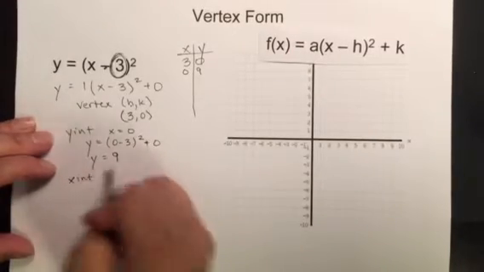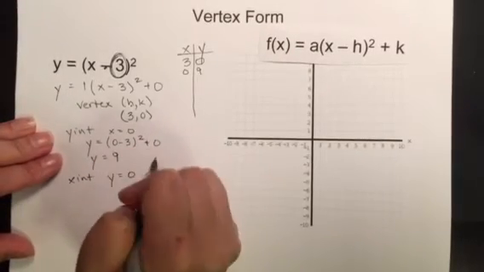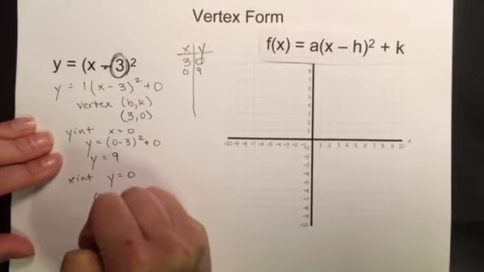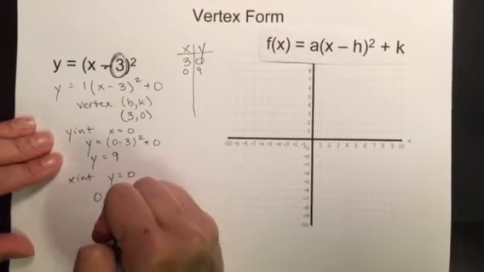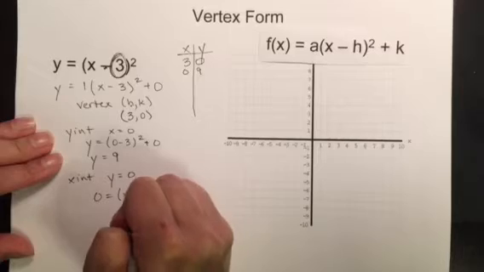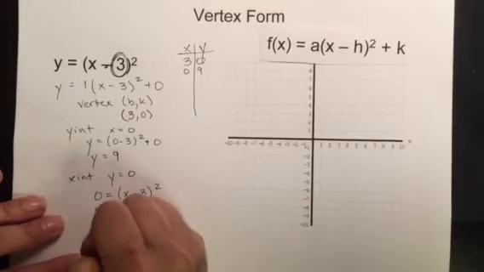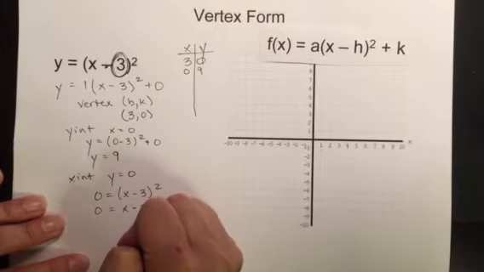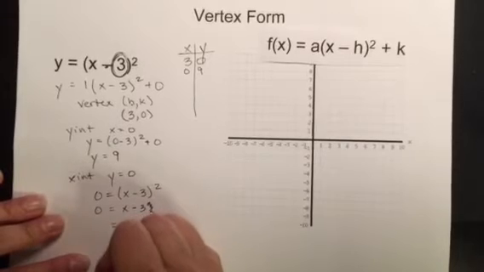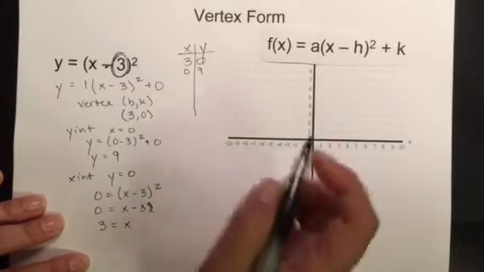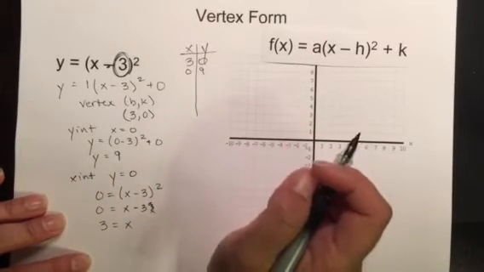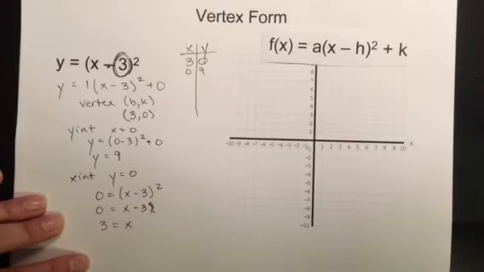Now I need to find my x-intercepts, and those happen when y equals 0. So 0 equals x minus 3 squared. So the square root of 0 is 0. And so then x equals positive 3. So we're only going to have one x-intercept.